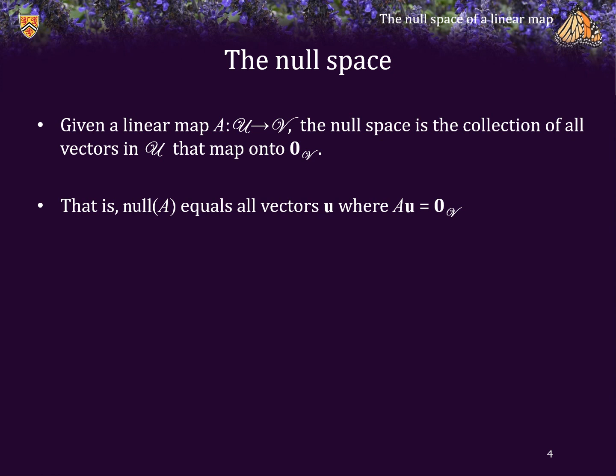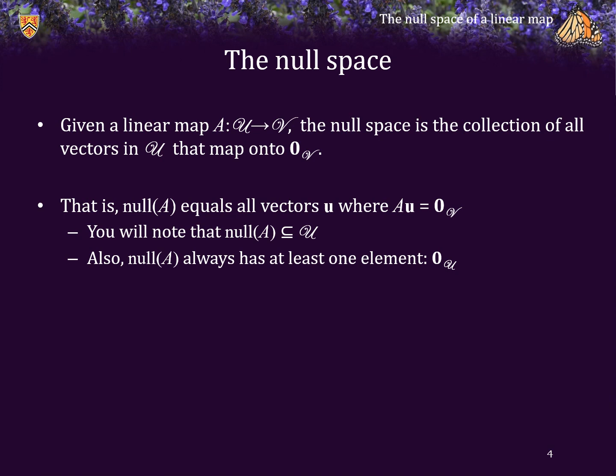That is, the null space of A equals all vectors u such that A applied to u is the zero vector. You will note that the null space is a subset of the domain, whereas the range was a subset of the codomain. Again, it is all vectors in the domain that are mapped specifically to the zero vector.